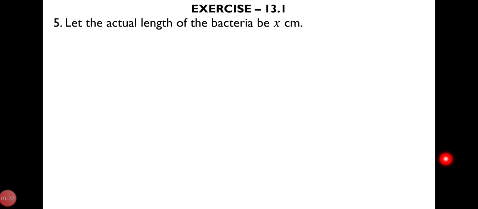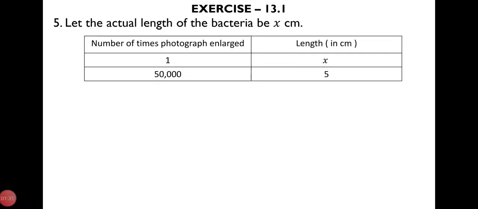Now we don't know the actual length, so we write, let the actual length of the bacteria be x centimeter. We prepare a table of the number of times the photograph is enlarged, and the length in centimeter. When we are not enlarging, that is the actual photograph, the number of times is 1, and the length we have supposed is x because we don't know the actual length of the bacteria.